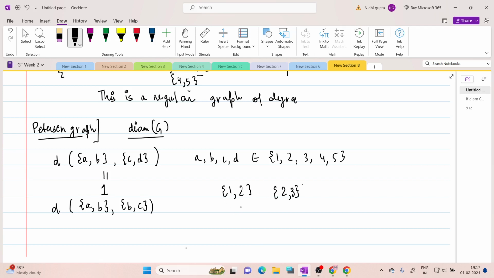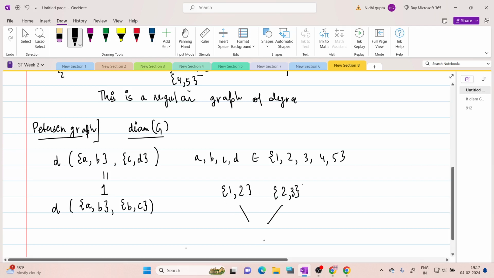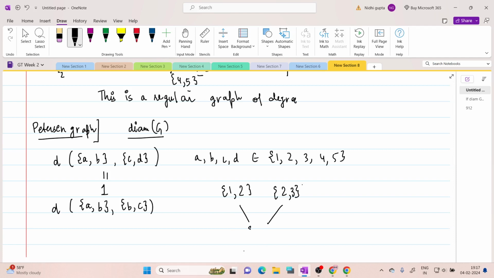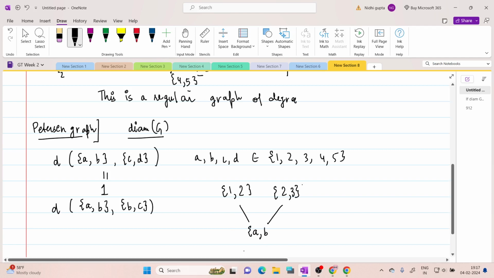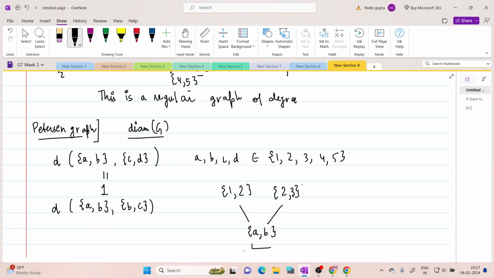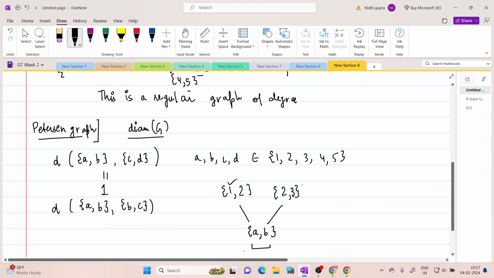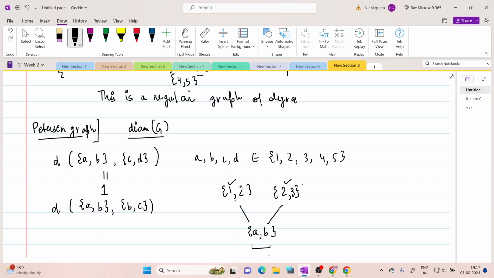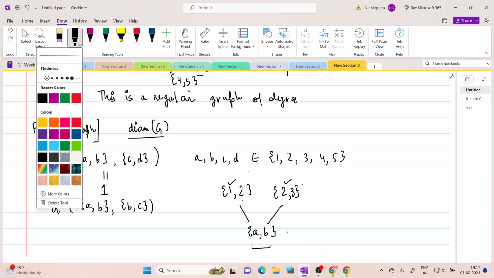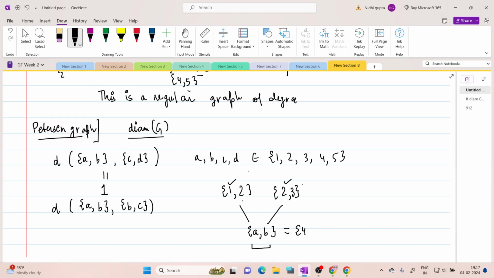But can they have a common neighbor? If they have a common neighbor, then we can say the distance is 2. So we have to find a set AB which is disjoint from 1 2 as well as 2 3. Is there any two element set which is disjoint from both 1 2 and 2 3? 4 5. Yes. So we can just take AB equal to 4 5.